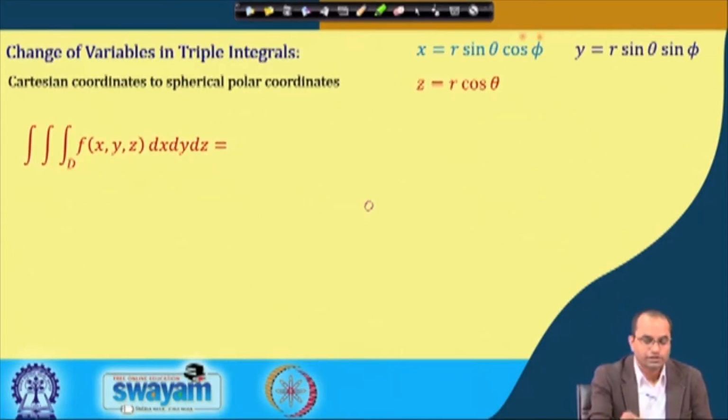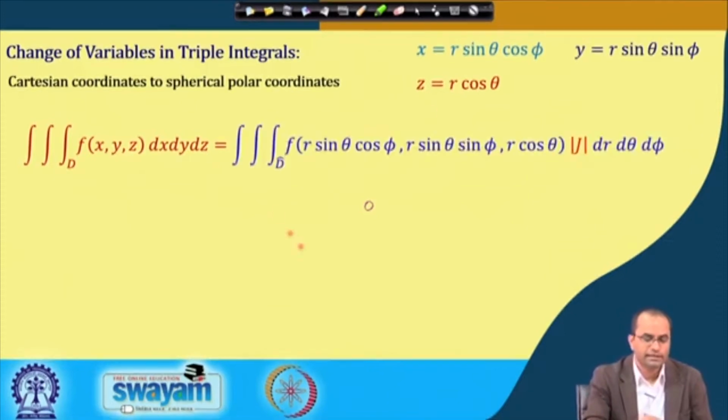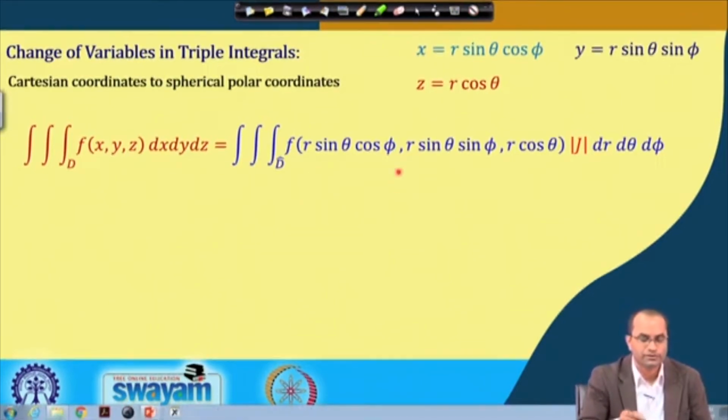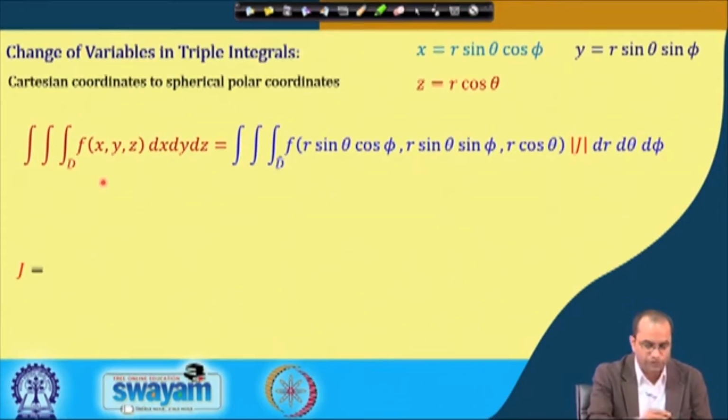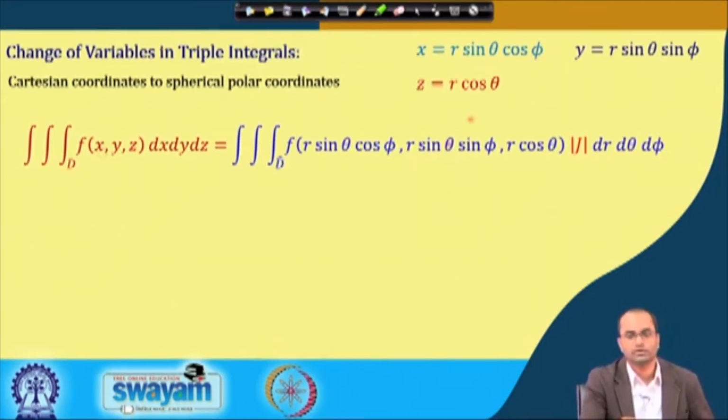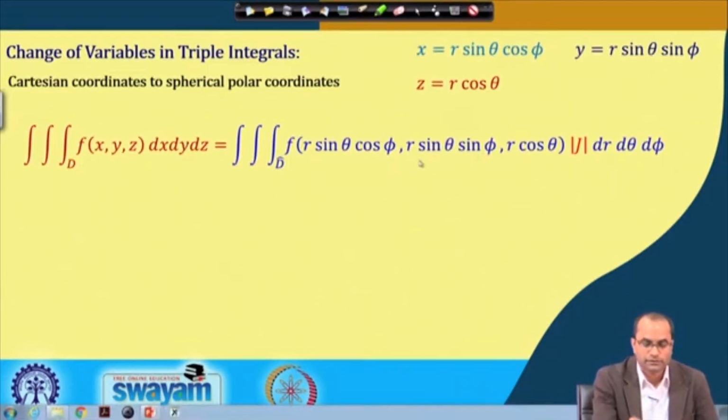So, with this change of variables, the simple idea, which we have also explained in the previous lecture, is that we need to substitute x is equal to r sin theta cos phi, then for y we substitute r sin theta sin phi, and for z, r cos theta, which was the relation there.